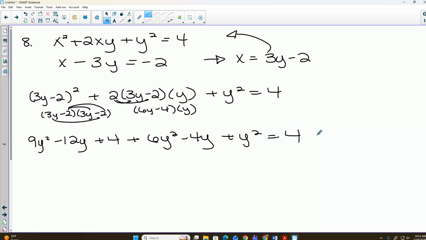All right, a little bit ugly, but if we combine like terms, 9y squared plus 6y squared plus 1y squared, so 16y squared. Negative 12y and negative 4y, so minus 16y. What happens if I subtract over my 4? Those cancel.